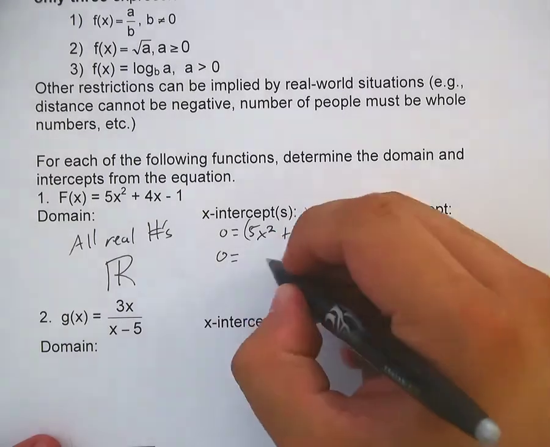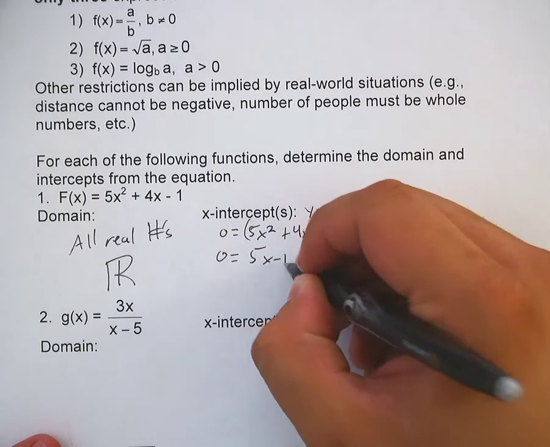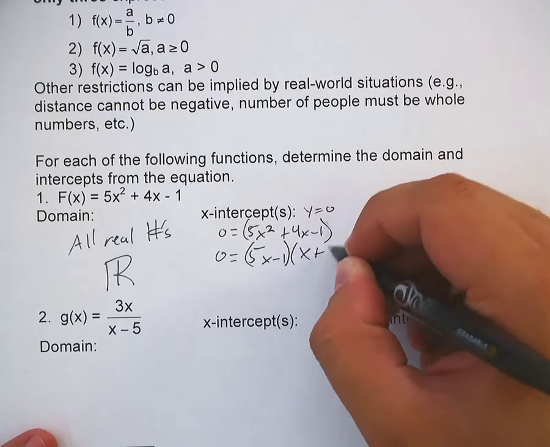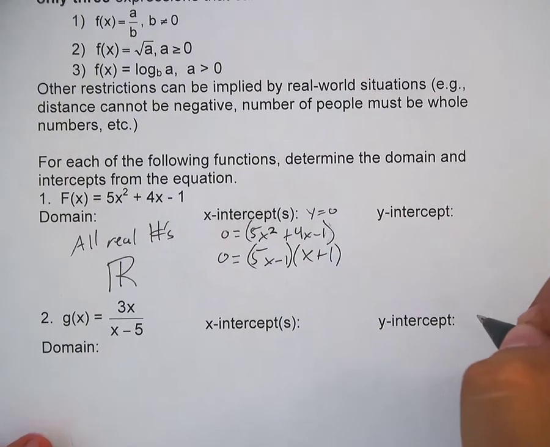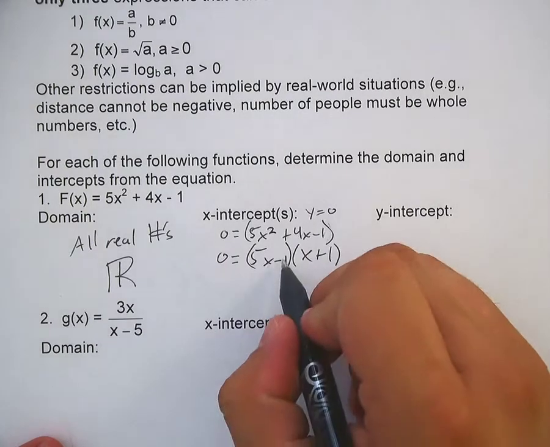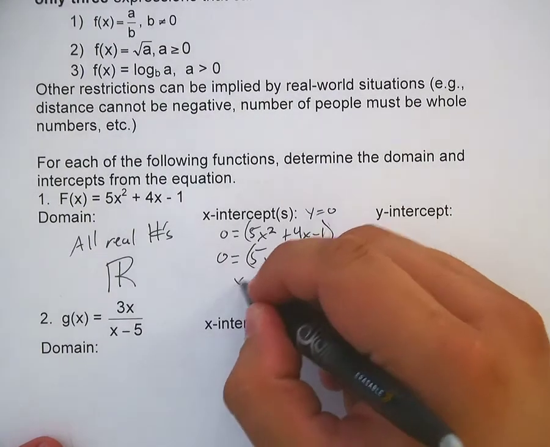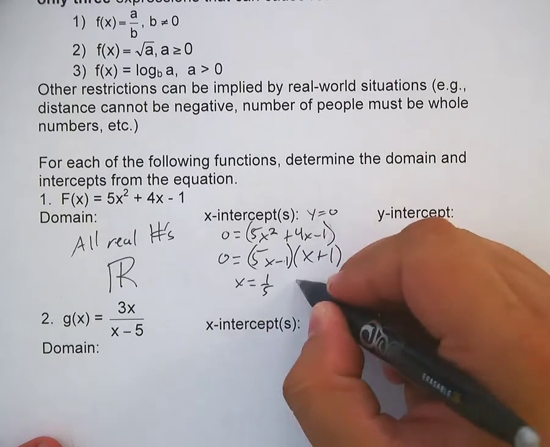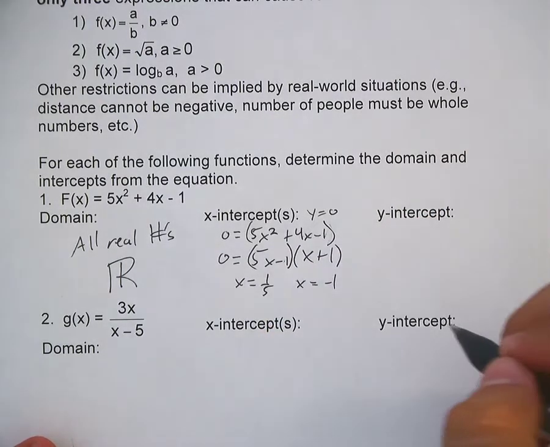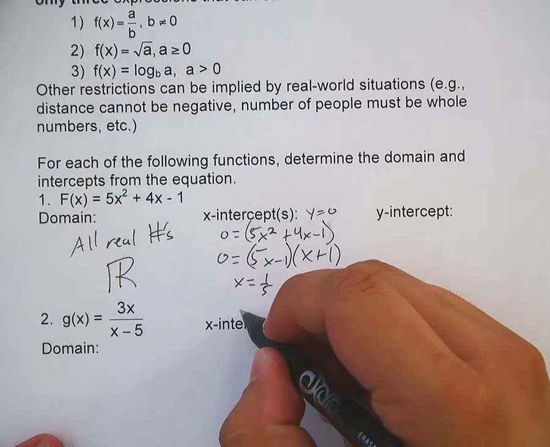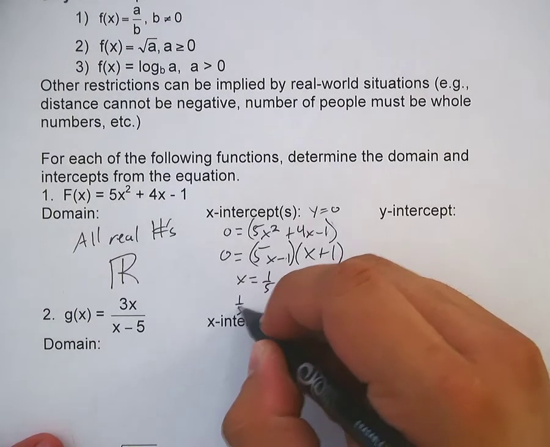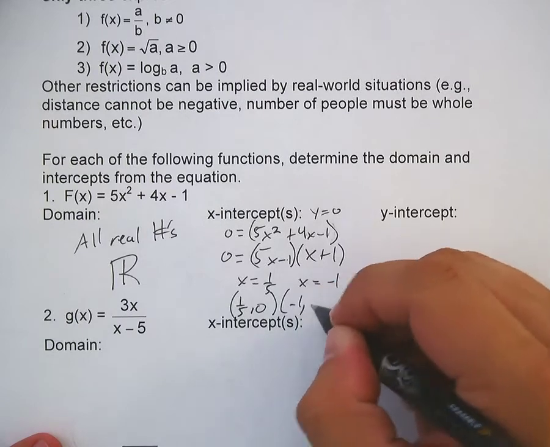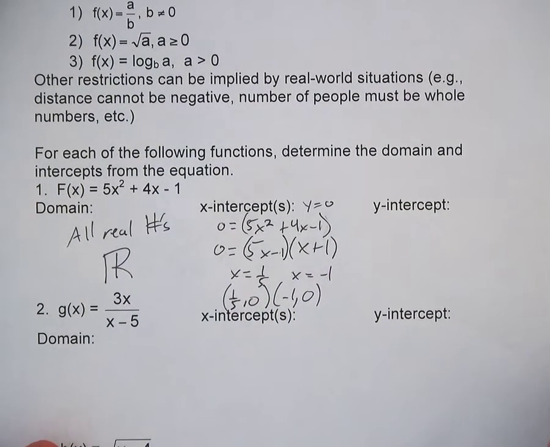Factoring that, you get 5x minus 1 and x plus 1. Solve for x, add 1, divide by 5, you get x is equal to 1/5. Subtract 1, you get x is equal to negative 1. So we've got two x-intercepts. We've got (1/5, 0) and (-1, 0).